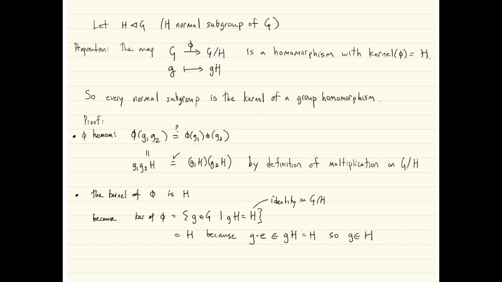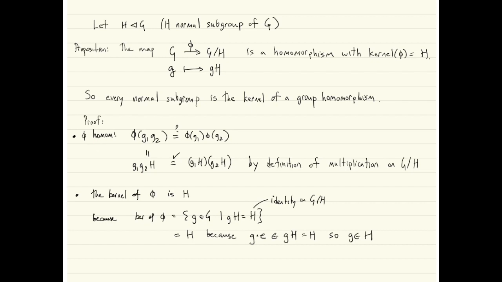Well, phi of g1 is this coset g1H. Phi of g2 is this coset g2H. And so on the right here, we're multiplying two cosets. And the definition, that was the star operation for the multiplication on G mod H, is you simply multiply the representatives. Whatever the representatives you have, multiply them. g1 and g2 are representatives, and we multiply them, and we get g1g2 times H. Okay, so we've checked that phi is a homomorphism.